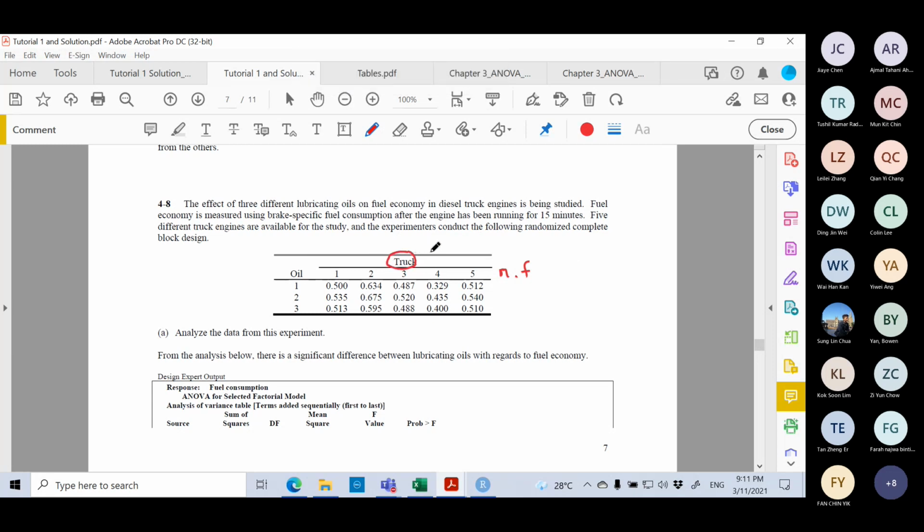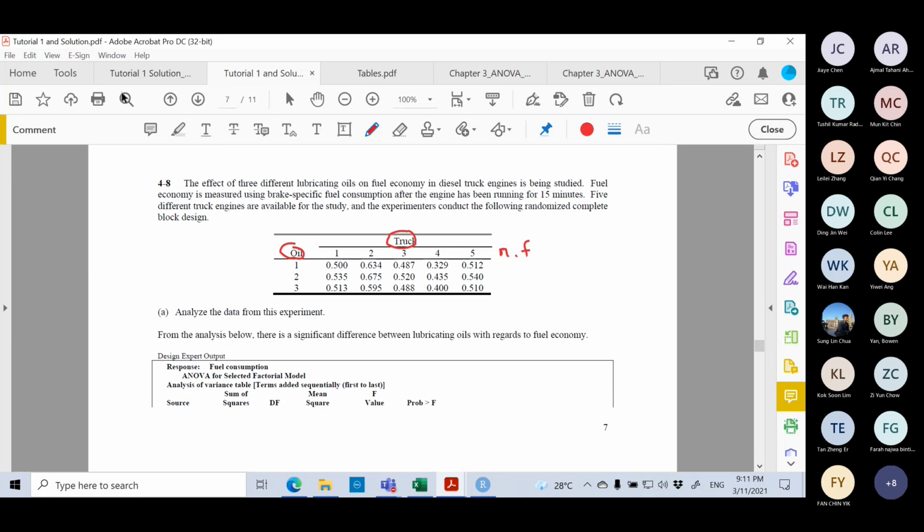So in that case, you need to use a blocking technique to remove, or extract out, the blocking component. Your main target is comparing the different oils. So in this case, the analysis of variance will still be the same, except your model will be different.